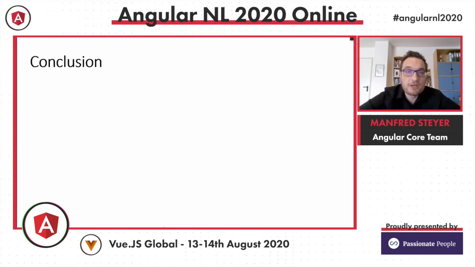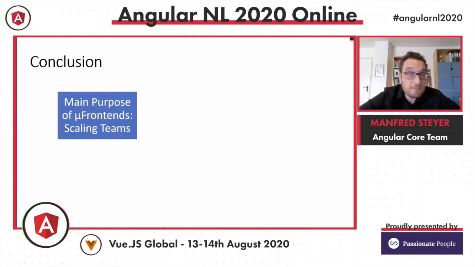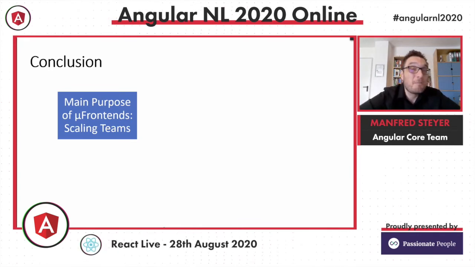Okay, let me come to a conclusion. We've seen that the main purpose of all of this is scaling teams. When you remember the beginning of my presentation, we have to scale teams. And that means if you only have one team, module federation, microfrontends might not be the right solution for you.